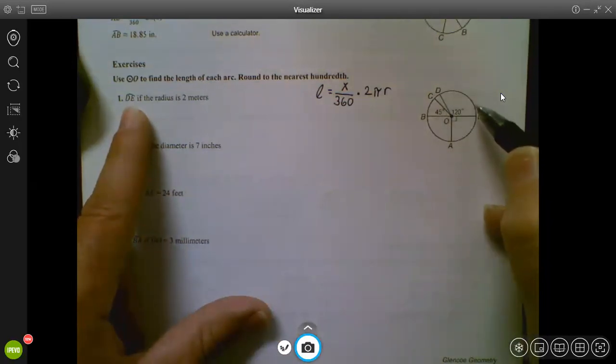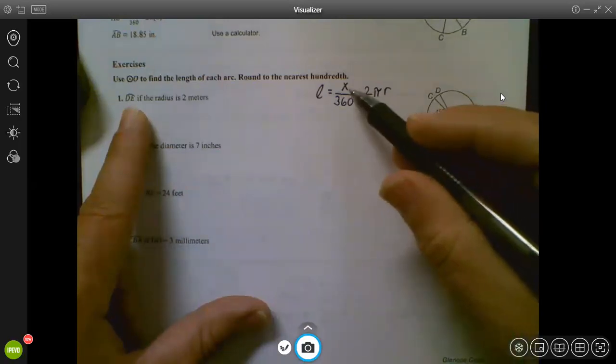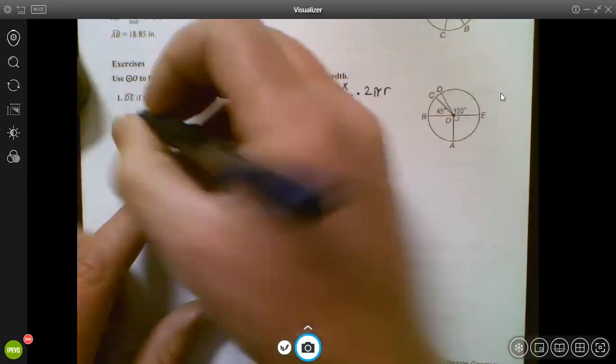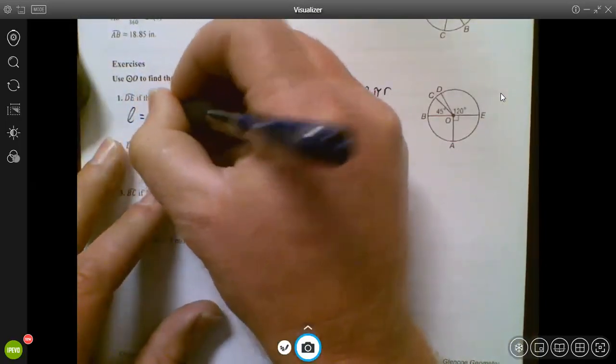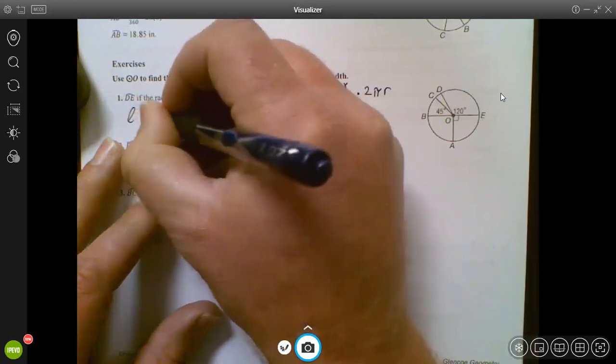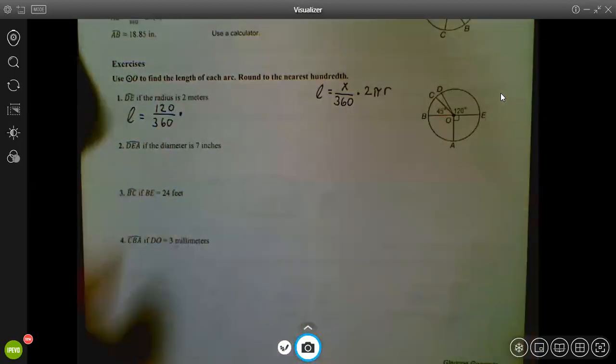We can see that DE is 120 degrees, so that 120 goes right there. We're going to say 120 out of 360 times the circumference.